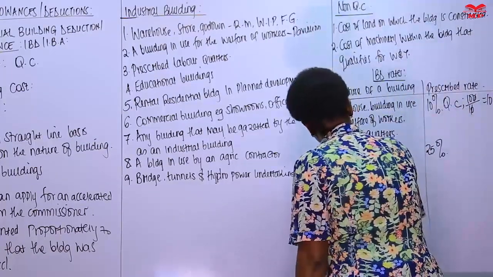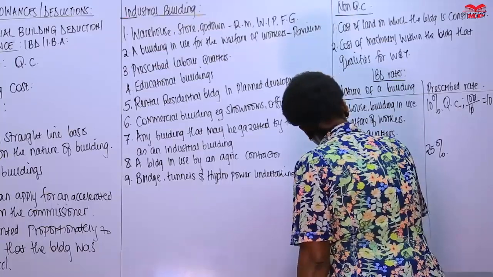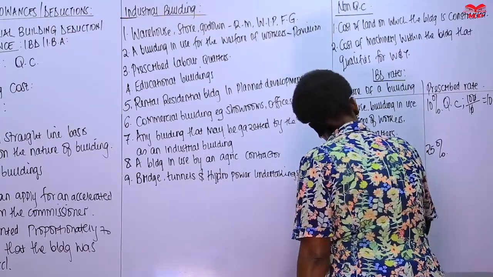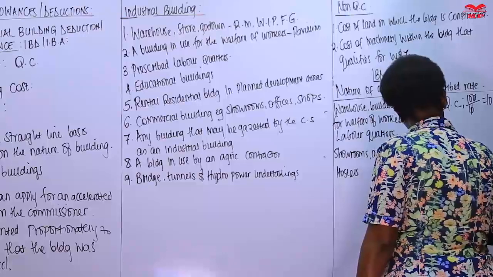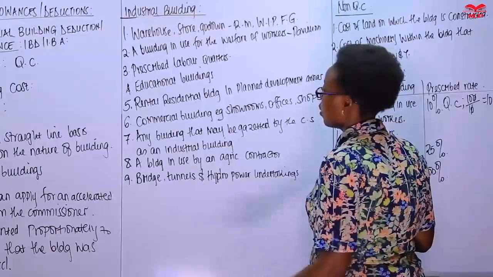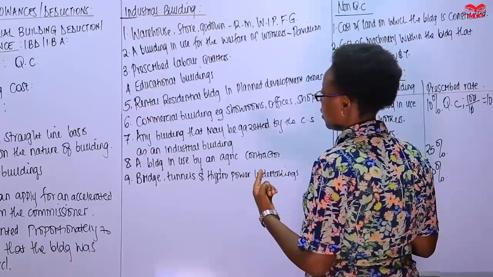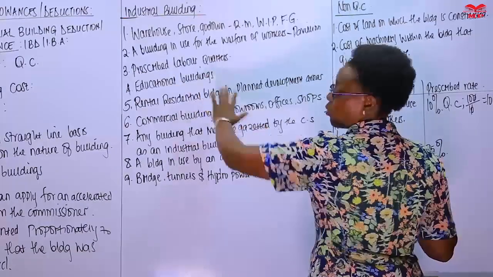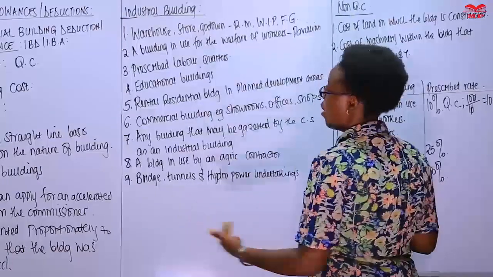Then we have hostels at 50%. Let's see. Educational buildings. Now, for these educational buildings, you must seek prior permission from the commissioner.